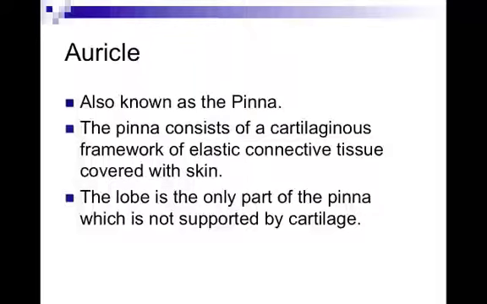The pinna is actually made up of cartilage, which is an elastic connective tissue, and it's covered by skin. The lobule at the downward tip of the pinna is the part that's not covered by cartilage, and it's the softest and most pliable part of the external ear.